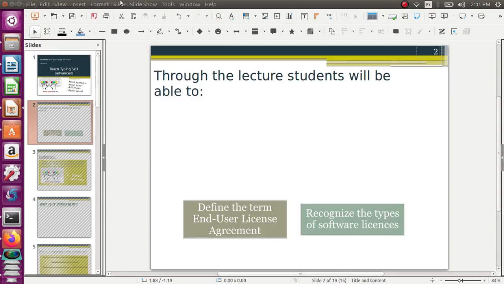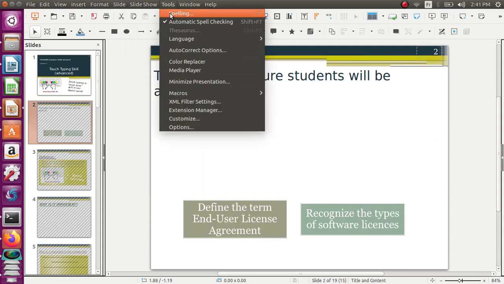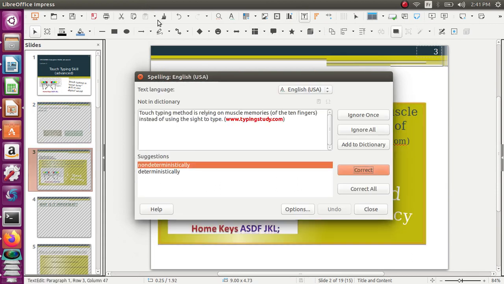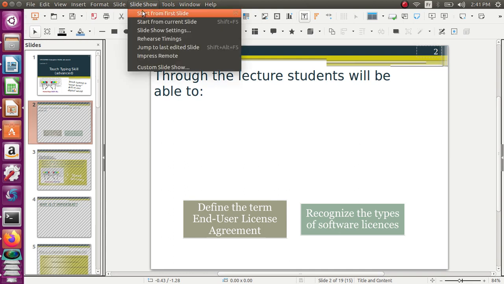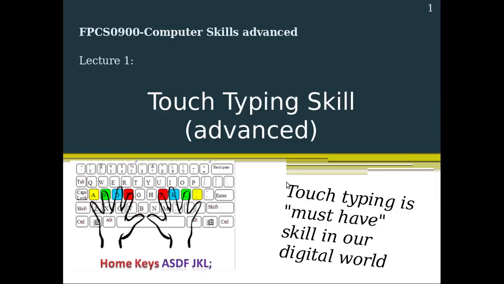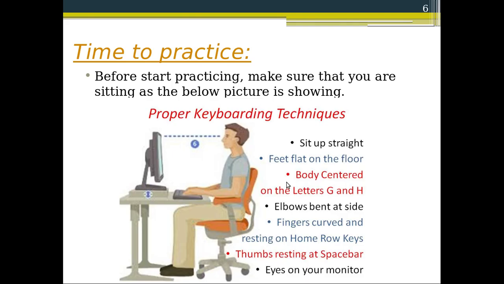So let me make the slides starting from this. When you make your typing session, you have to sit properly in your chair, and you have to sit up straight, feet flat on the floor like this person, body centered on the letters G and H on the keyboard.